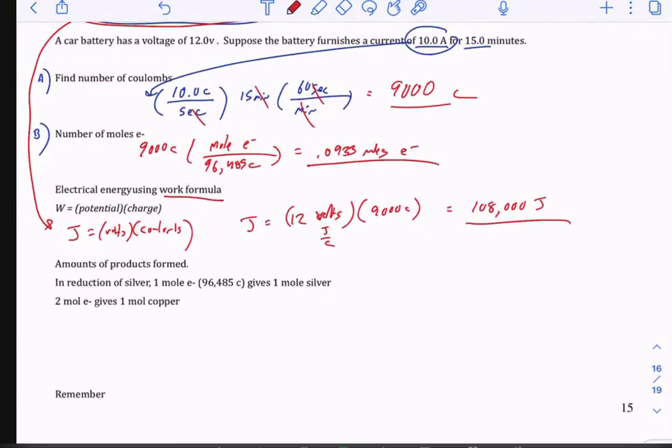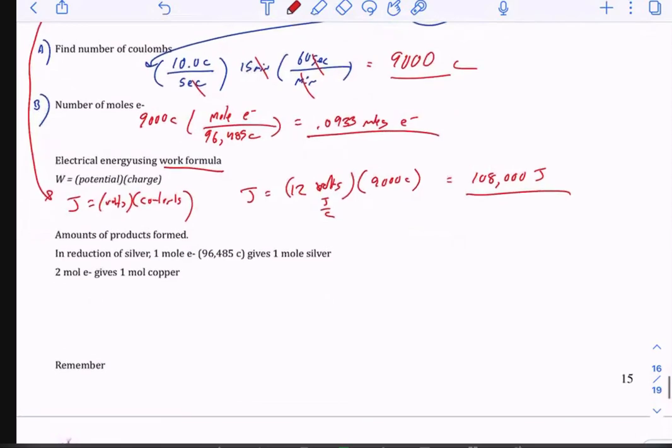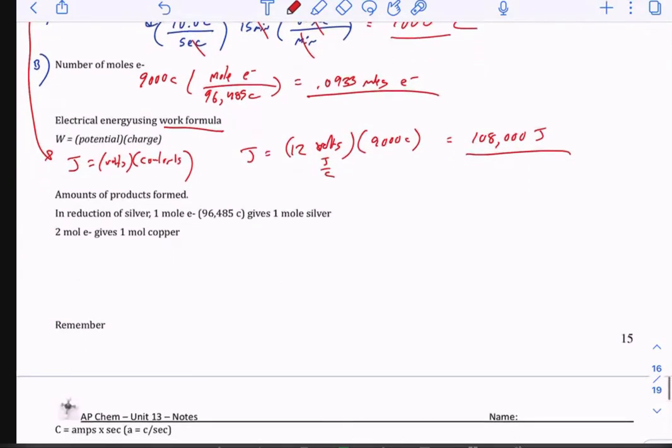All right, let's solve for the amounts of something that we get during electrolysis. In reduction of silver, 1 mole of electrons gives 1 mole of silver.